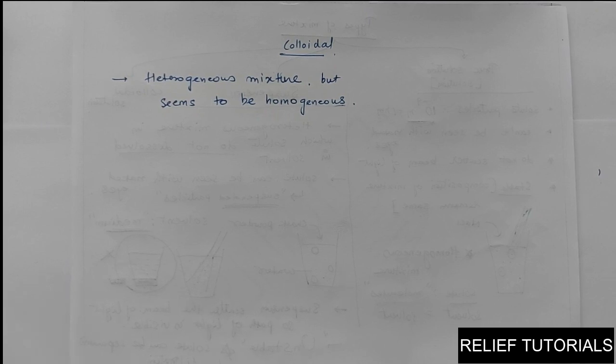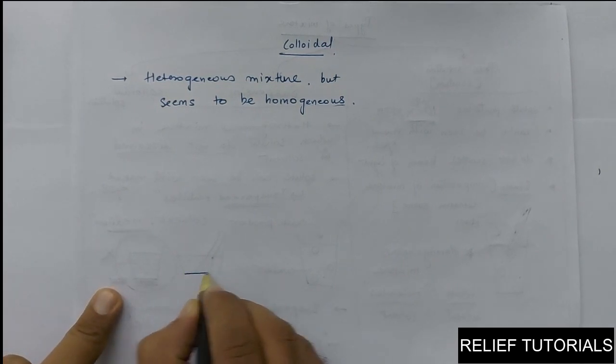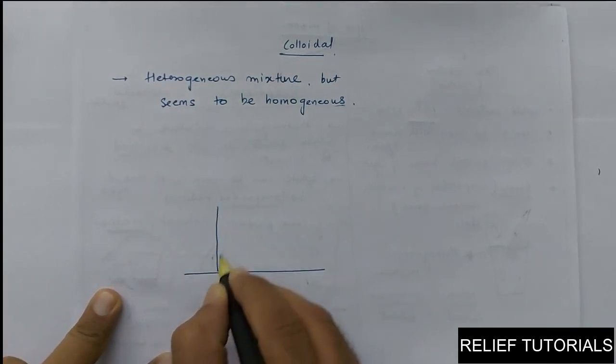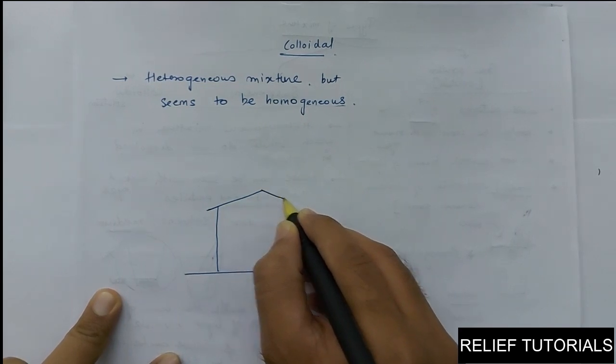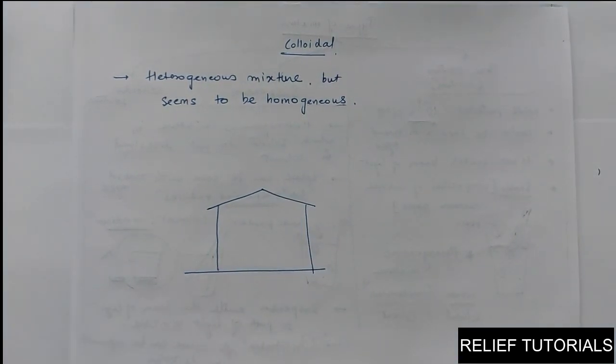Let me give you the best example to understand the size of these solute particles. You might have experienced this fact. Consider this is the house. Consider your room itself, your home itself.